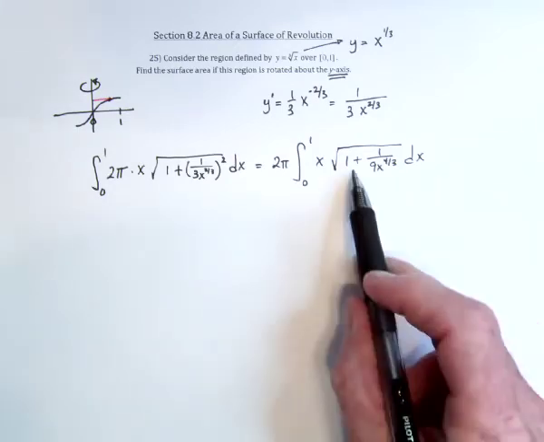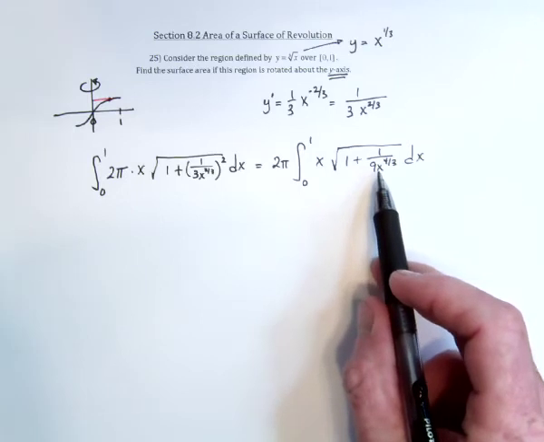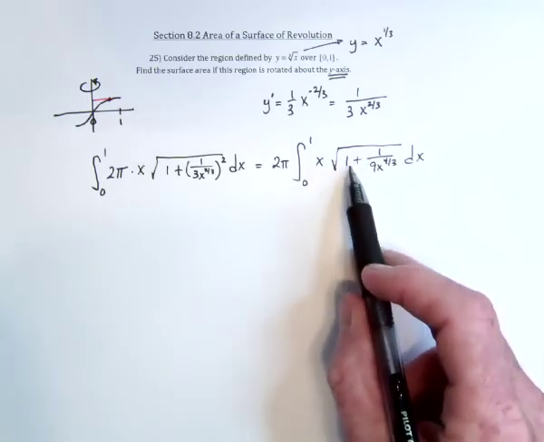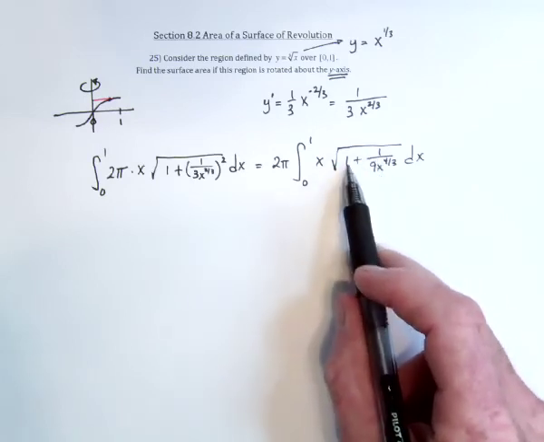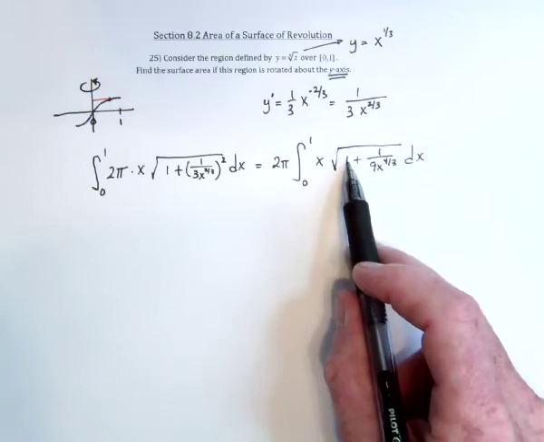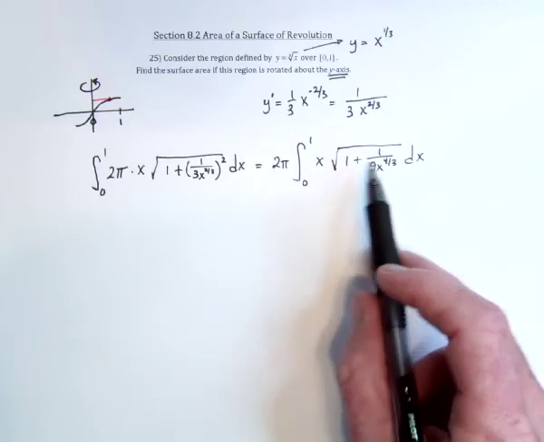Well, there's not a lot we can do as far as u substitution or anything like that with this mess, so what we've got to do is combine it and get these two fractions to become 1. So this is going to have to become 9x to the 4/3 over 9x to the 4/3. And then add the two together.